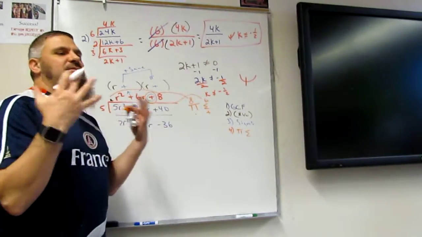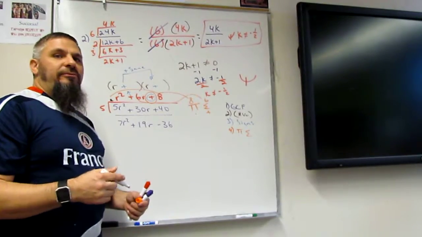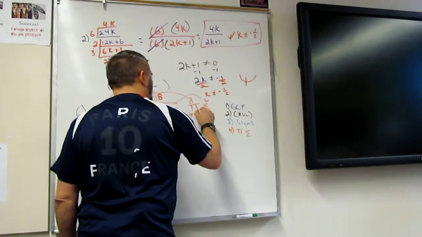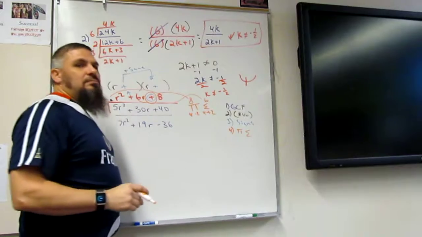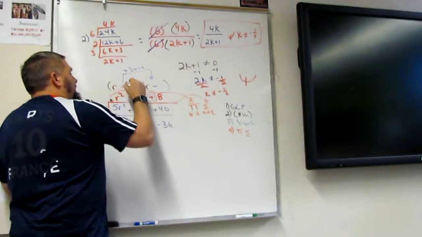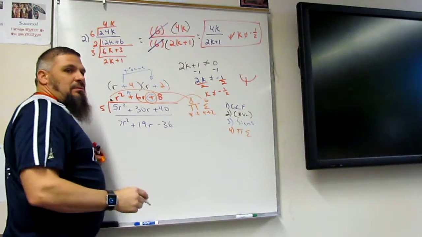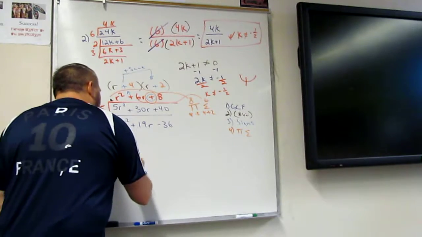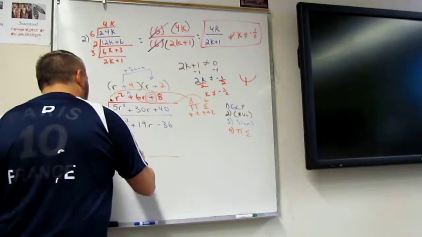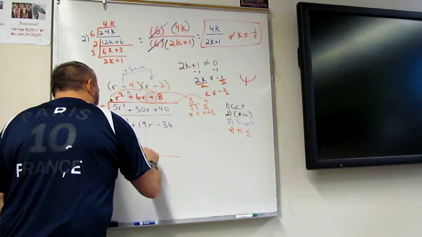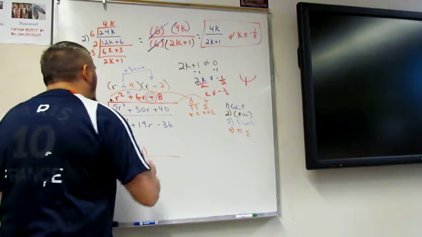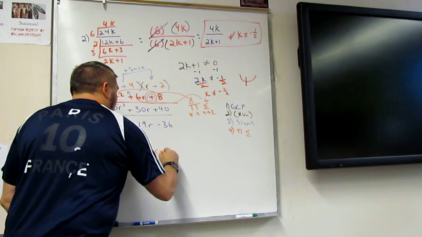Can you think of any two numbers? 4 and 2. So right away I know that the top is r plus 4 and r plus 2.